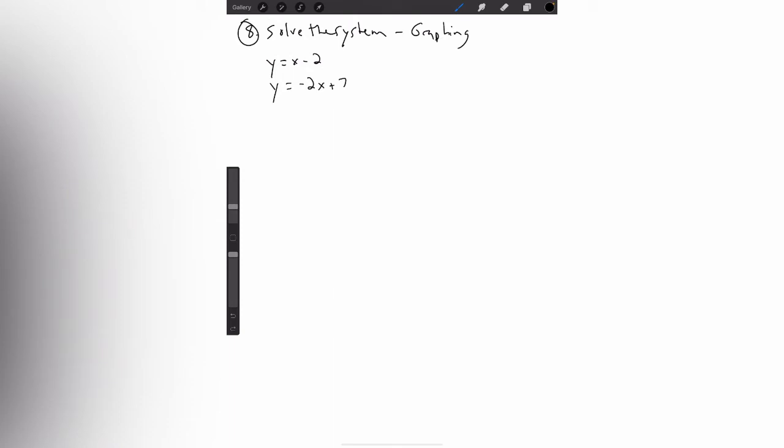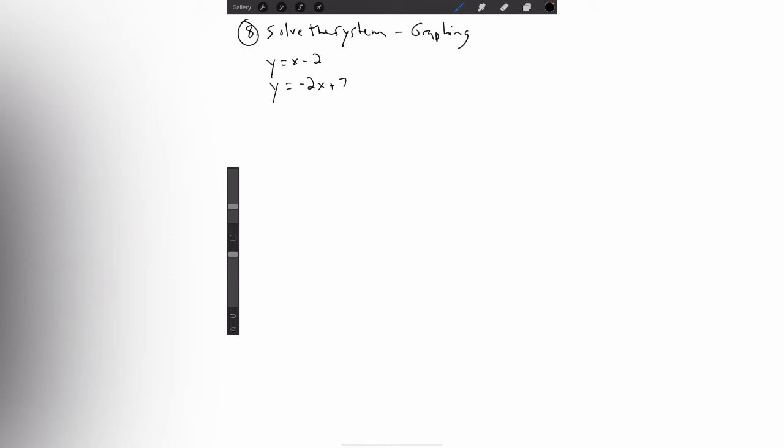All right. So it says solve each system by graphing or using a table. Make sure to include the solution as an ordered pair and to check your answers. Okay, so it says by graphing or using a table.